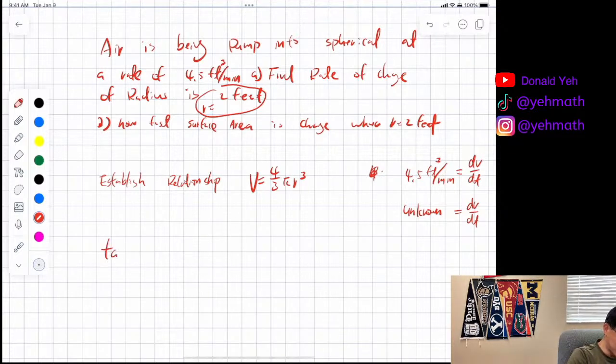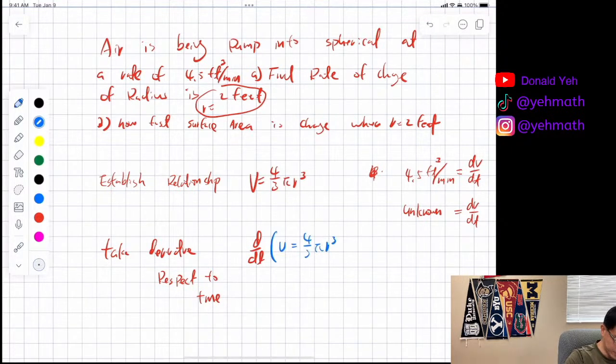So now I'm going to take the derivative with respect to time. That means I'm going to do d/dt of volume equal to 4/3 pi r cubed.